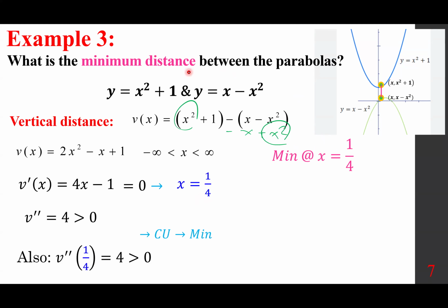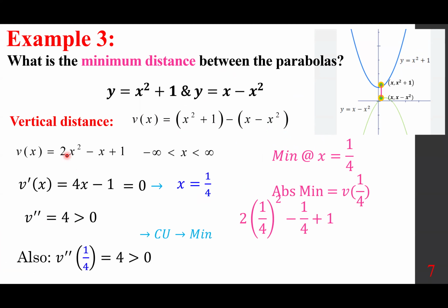What is the minimum distance? Plug it in, and to plug it in, we're going to use this expression. These two are the same. This one is the same as this one, remember that. So we are going to plug it in: 2 times 1/4 quantity squared minus 1/4 plus 1.